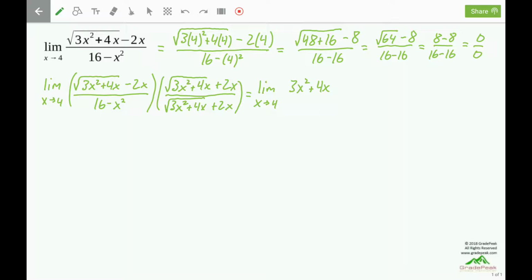Outside, the root of 3x squared plus 4x times a 2x will give us a plus 2x times the root of 3x squared plus 4x. The inside, the negative 2x times the root of 3x squared plus 4x. And then the last, negative 2x times a positive 2x is a negative 4x squared.